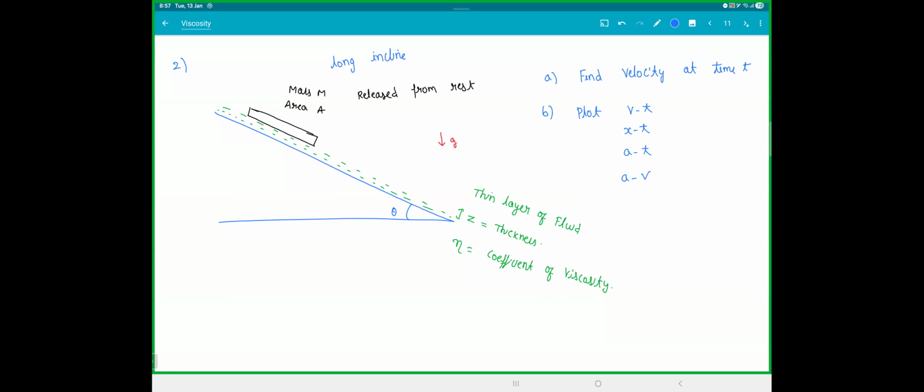I hope you're able to visualize. This thing is sliding on the thin layer. Initially, you're starting from rest, and it's a long incline that will never reach the floor. It will just keep sliding forever. What is the velocity of this plate after time t? And then plot the four graphs: velocity time graph, position time graph, acceleration time graph, acceleration velocity graph.